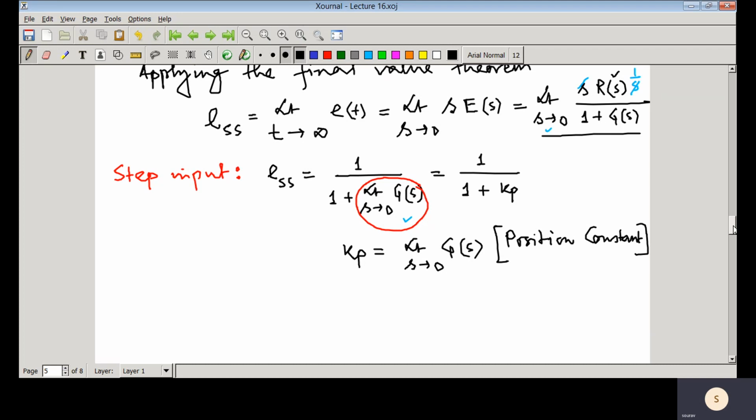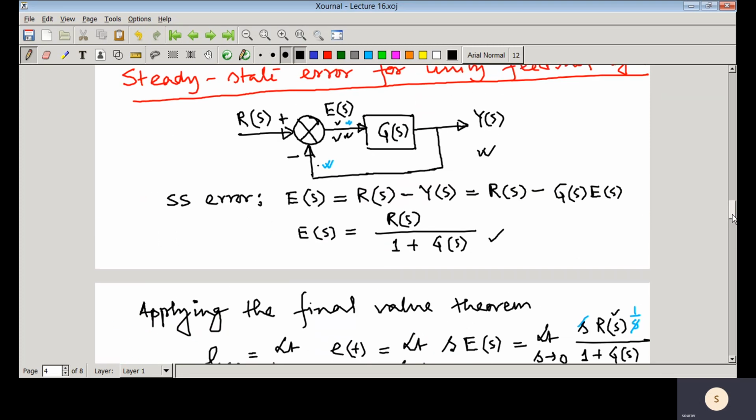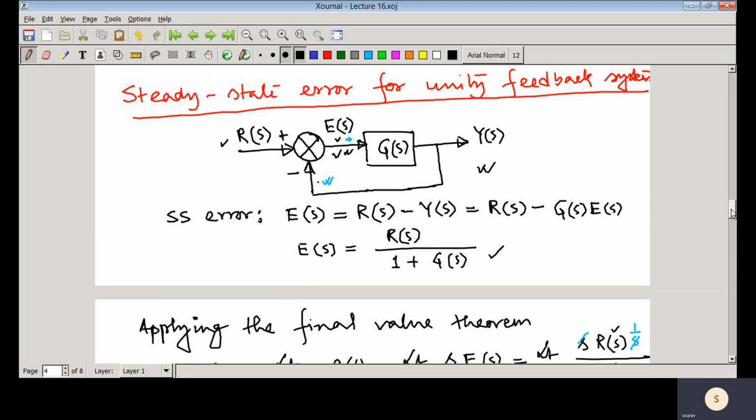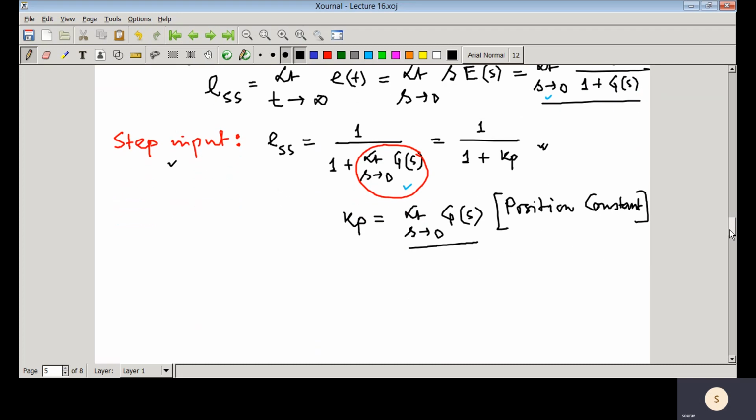So what we have seen, whenever we consider a unity feedback system, and if we apply R(s) as unit step, here you can see step input, then the steady state error becomes 1 by 1 plus Kp, where Kp is limit s tends to 0 G(s), and this is called the position constant.